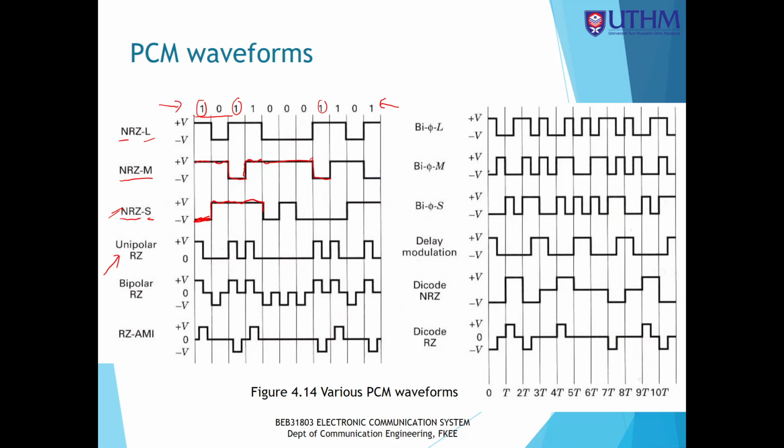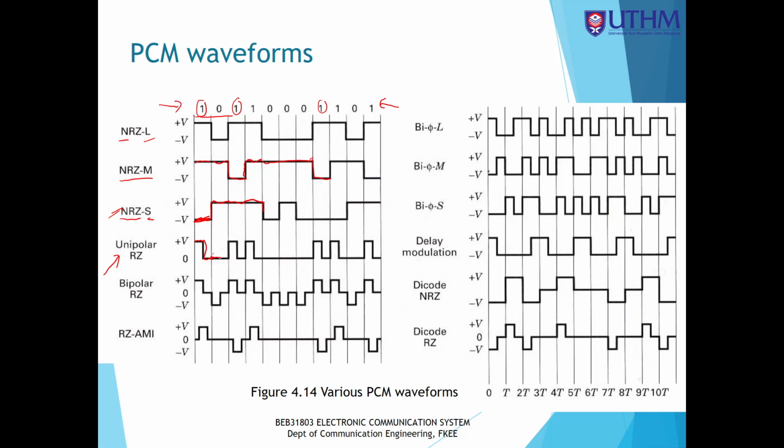The next one is a unipolar return to 0. RZ is return to 0. So that means the waveform will always return to 0 volt. Okay. So unipolar means that dia ada satu polarity sahaja, iaitu positive polarity. So for example here input bit 1 dia akan jadi positive output and then return to 0. And then the next bit is 0 volt.